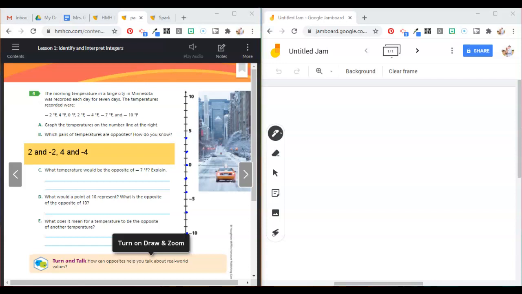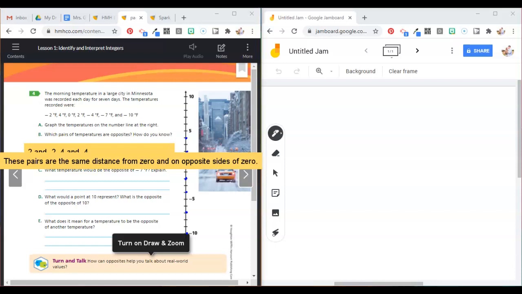We know that because these pairs are the same distance from 0 and on opposite sides of 0.